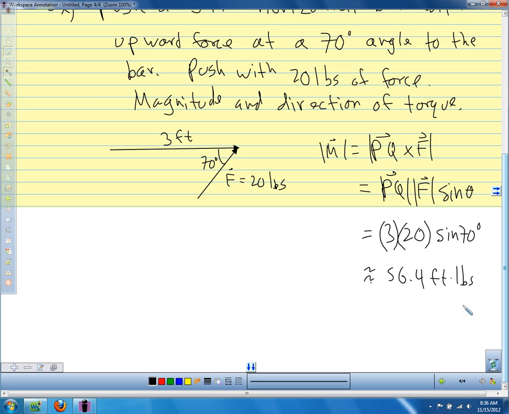And our direction, if we push this wrench, which direction is it going to turn? Counterclockwise. So our torque is going to be out of the page.